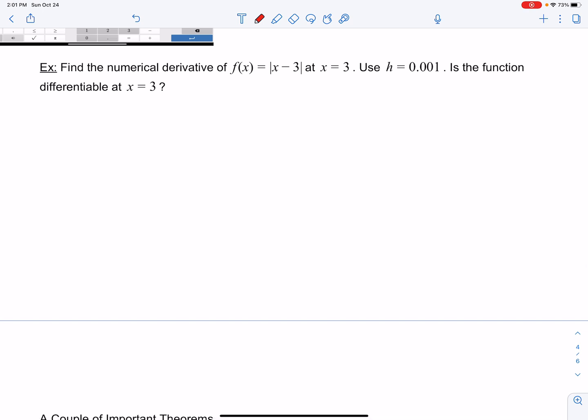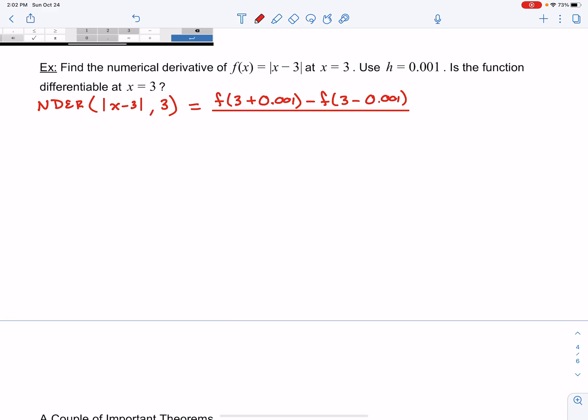So we're looking for the numerical derivative of our function, the absolute value of x minus 3, and the x value we care about is when x is 3. So we're going to take the value of our function at 3 plus our h value, 0.001, minus the value of our function at 3 minus our h value, 0.001, and divide that all by 2 times our h value, 0.001.